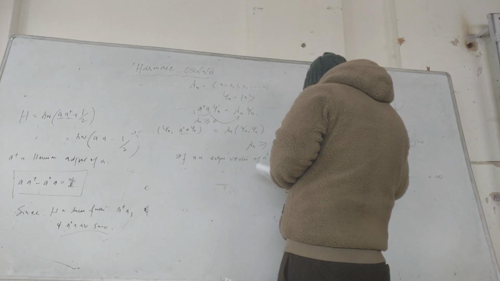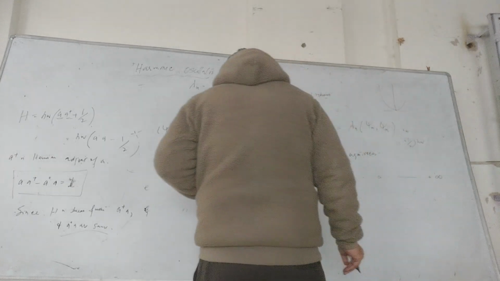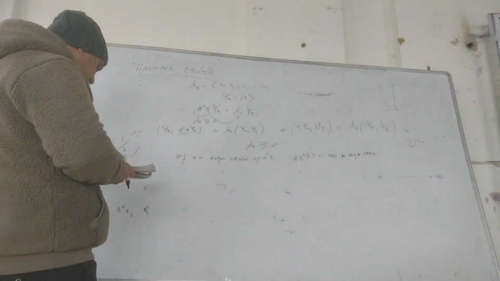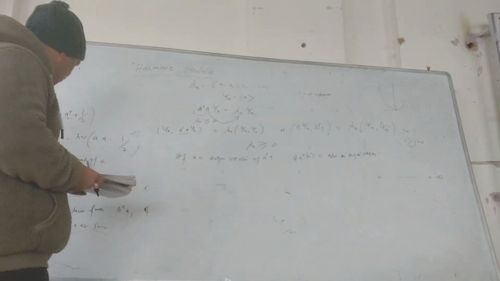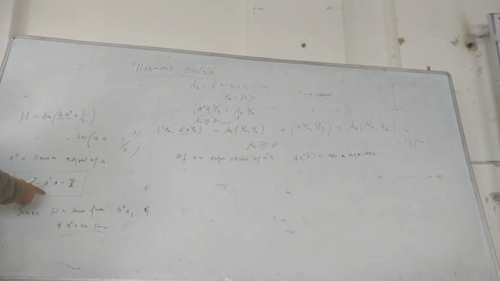eigenvector, which can be seen as follows. Now look here, we will substitute: A A dagger is equal to A dagger A plus 1.